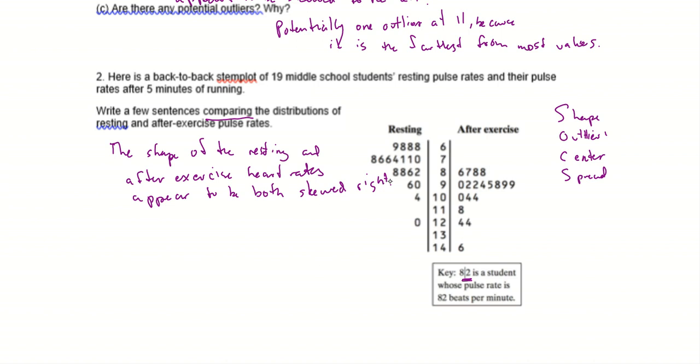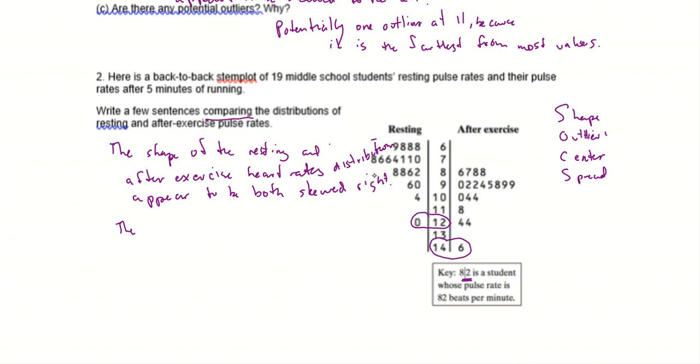The next thing is, do we have any outliers? Okay, any outliers? I don't see any strong outliers. We maybe could say this one at 120 could be a potential outlier, and 146 could be a potential outlier. So we could say the distributions. Now, because we already said the shape of the resting and after exercise heart rate distribution, maybe I'll put that in there. Distributions appear to be both skewed to the right.